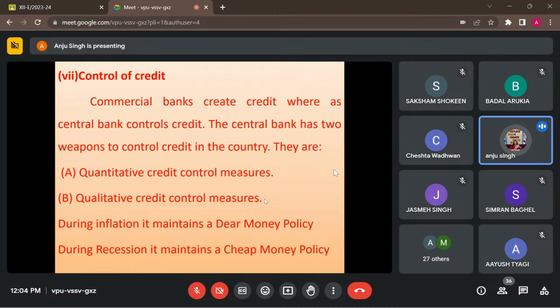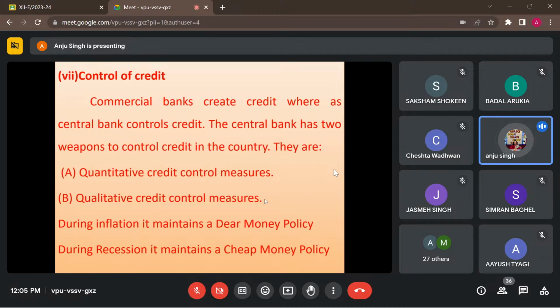Similarly, if the government asks the central bank to encourage people to have their own houses, but affordable houses, and says that we don't want to encourage luxury spending, what will the central bank do?